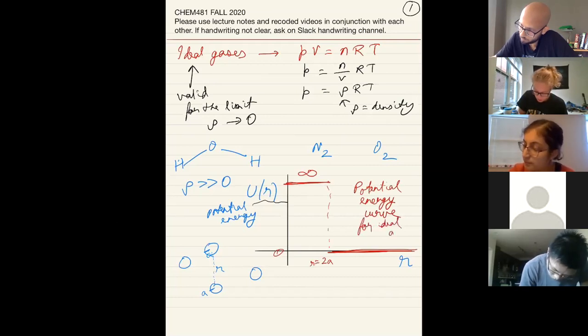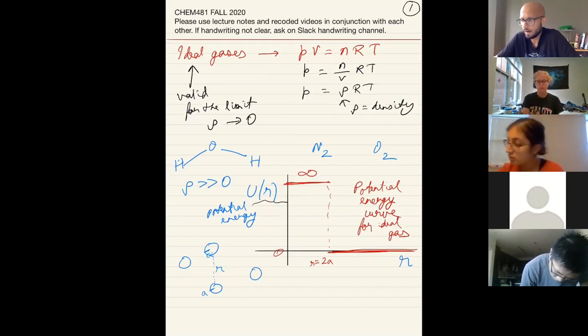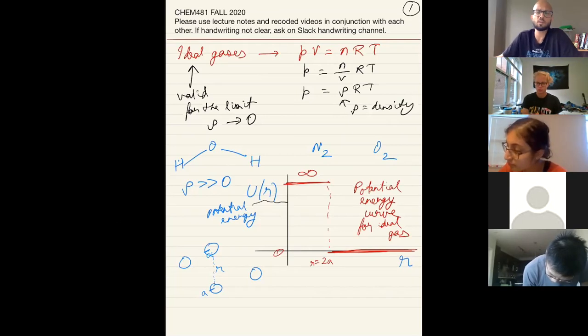It is either 0 or infinite. It has only two values. And this over here is a discontinuity. You might ask what happens exactly at R equal to 2A. It's discontinuous, and we can deal with it. We can introduce switching functions or sigmoids if we wanted to be mathematically rigorous over here.